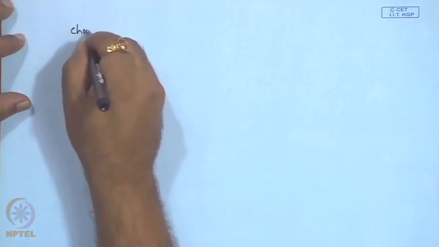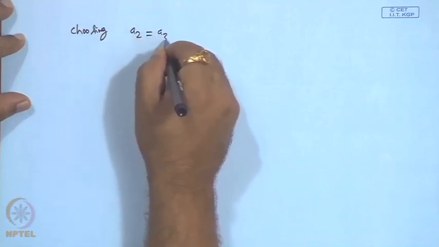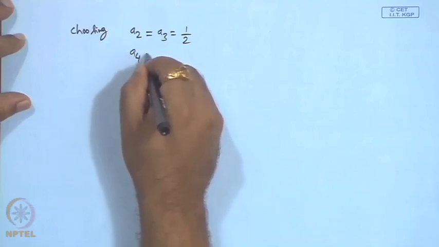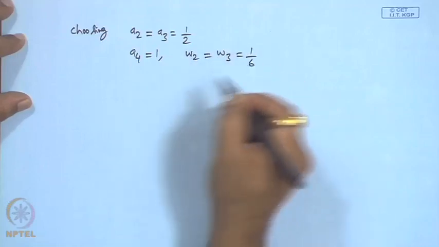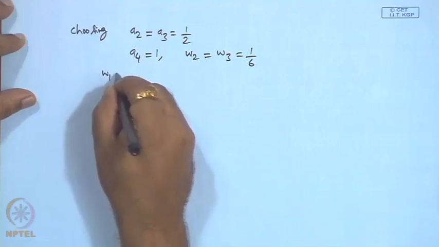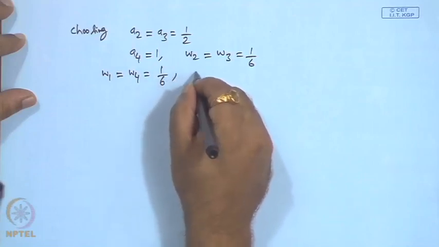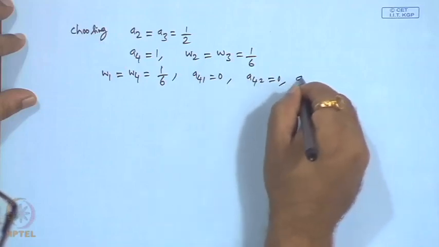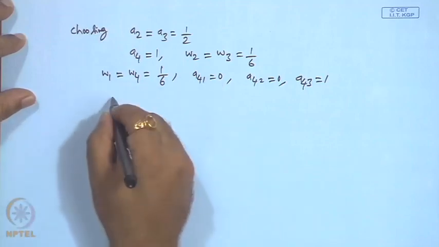So, what are the standard choices? Choosing A 2 equals A 3 equals half, we get, okay, then W 1, W 4, A 4 1, A 4 2. So, this will define the method as follows.